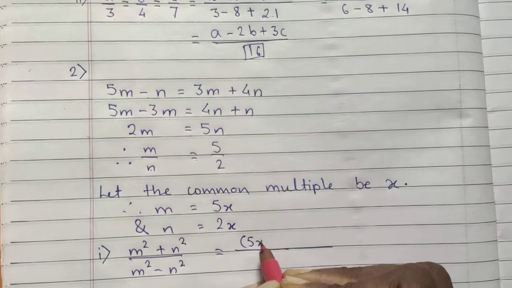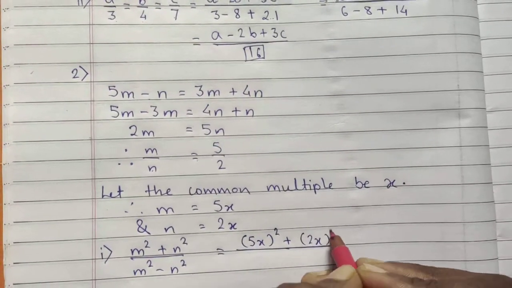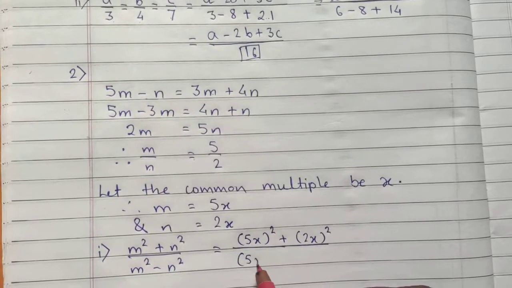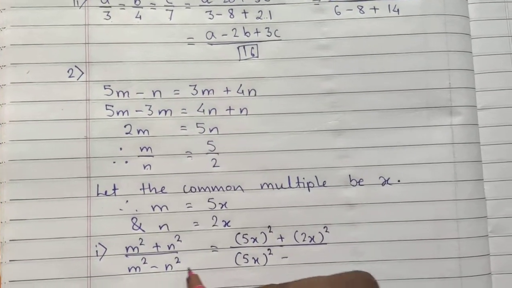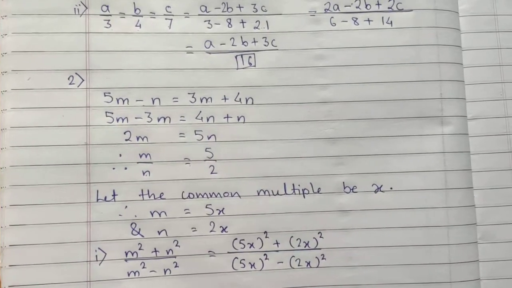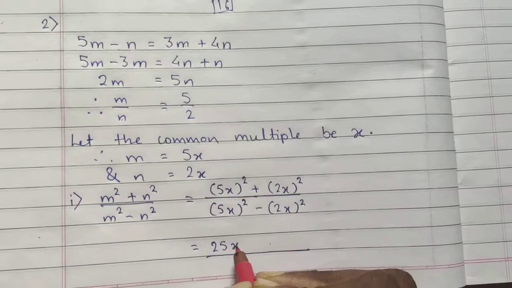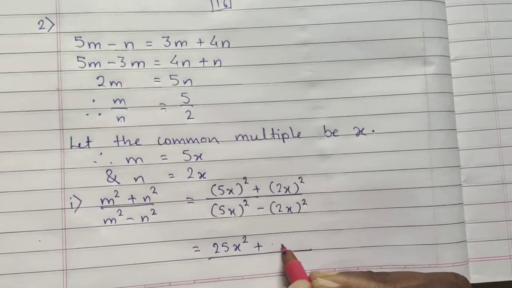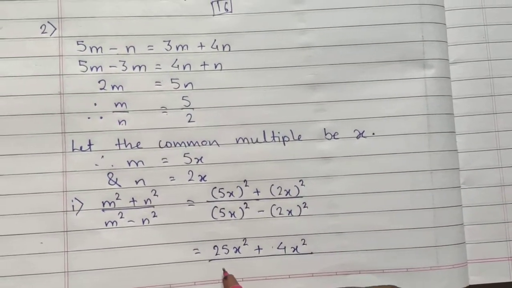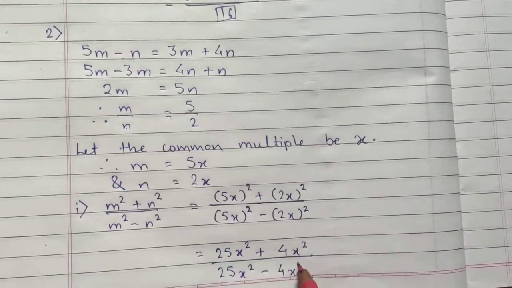M is 5x, so (5x) square plus (2x) square. Here also the same thing, (5x) square, minus sign, then (2x) square. Now let us take the squares. Square of 5 is 25, square of 2 is 4, so 25x square plus 4x square, and here also 25x square minus 4x square.